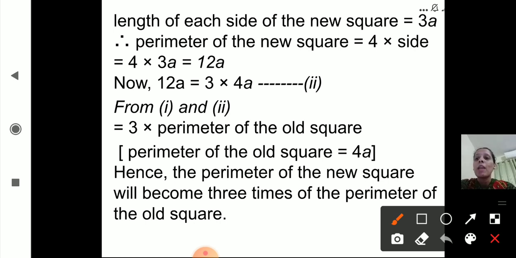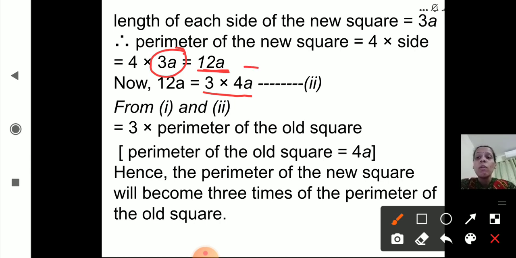So 4 multiplied by 3A. 4 3s are 12A. Now 12A is equal to 3 multiplied by 4A. We can write it as 12A, or as 3 multiplied by 4A. This is the second statement.